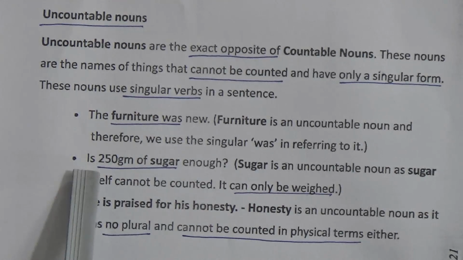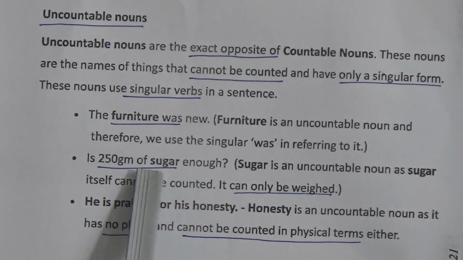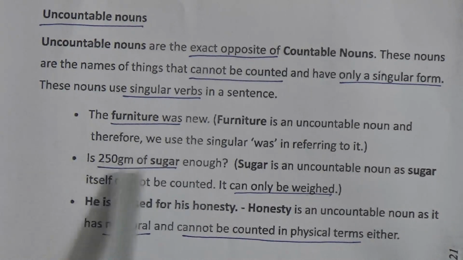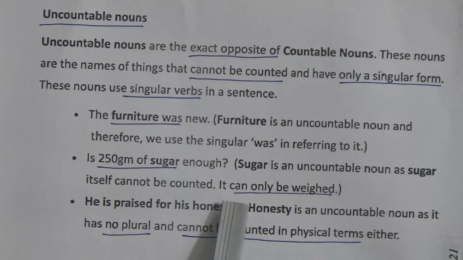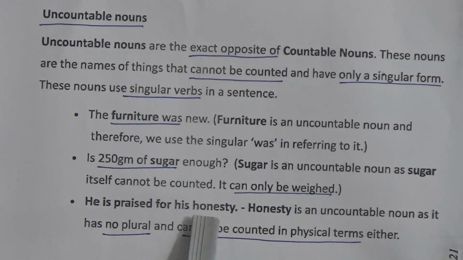Is 250 grams of sugar enough? Sugar is uncountable and it can only be weighed. See, the weight is given here. He is praised for his honesty. Honesty here is uncountable. It has no plural and it cannot be counted in physical terms. As you can see, this is an abstract word.